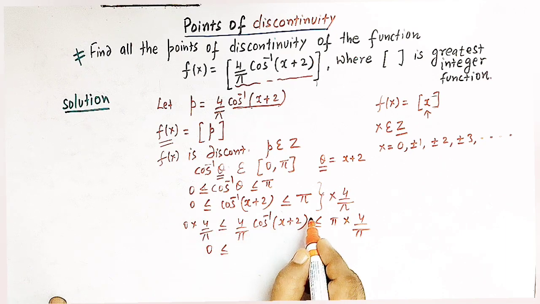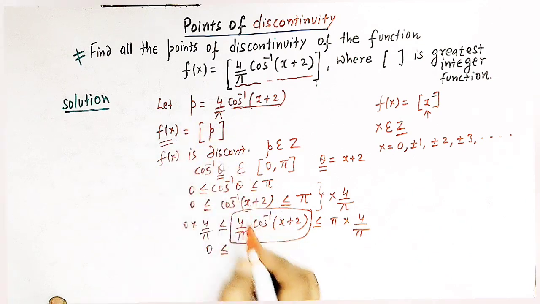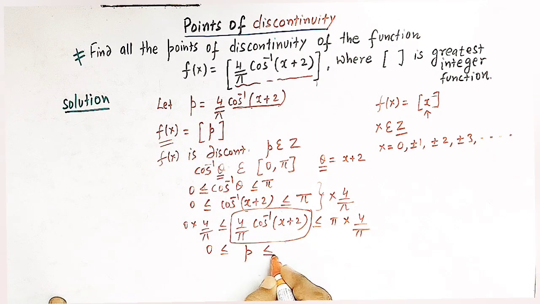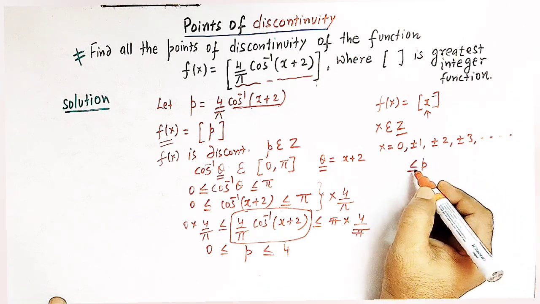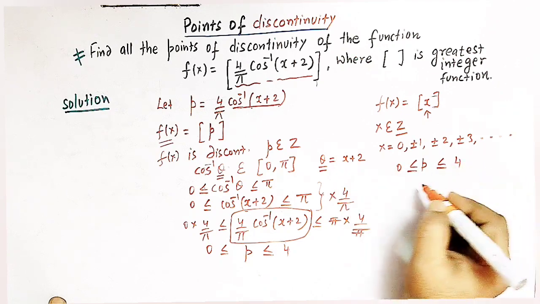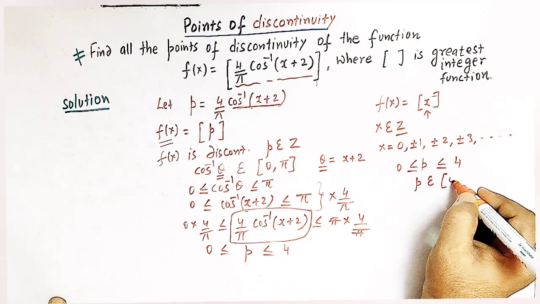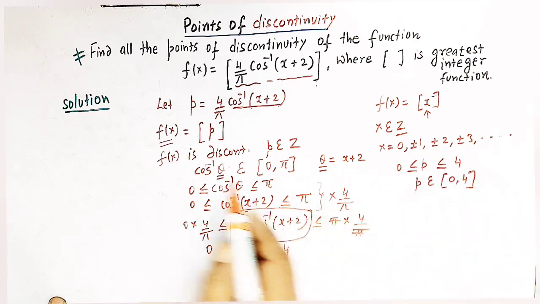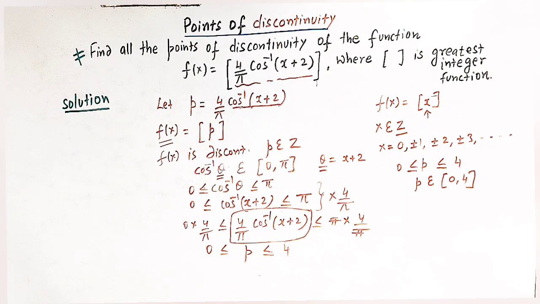So 4 over pi cos inverse x plus 2 can be written simply as p, and here pi and pi get cancelled, so we are left with 4. So now we have this inequality, p greater than or equal to 0, but less than or equal to 4, or in other words we can write p belonging to the interval 0 to 4, where p denotes 4 over pi cos inverse x plus 2.